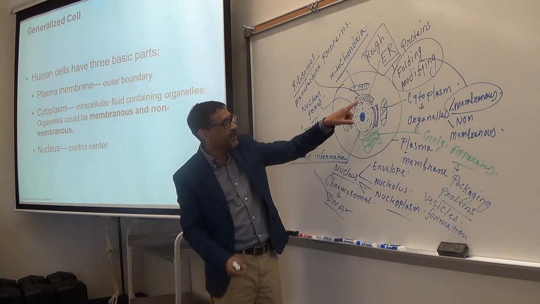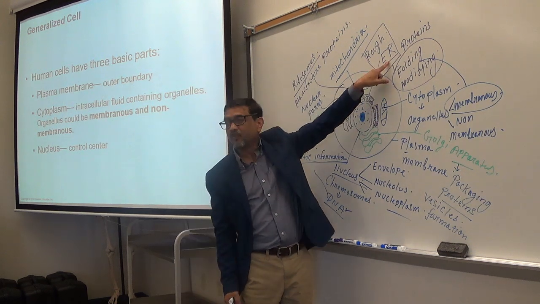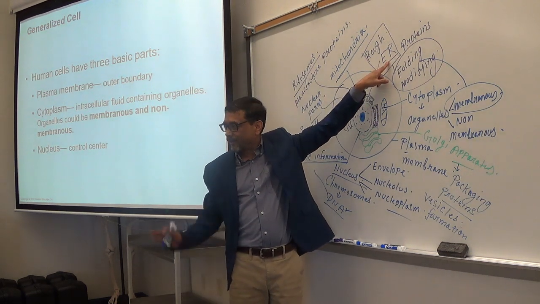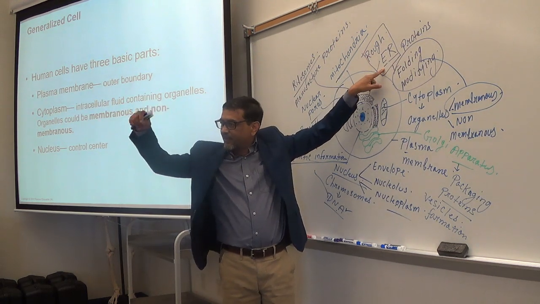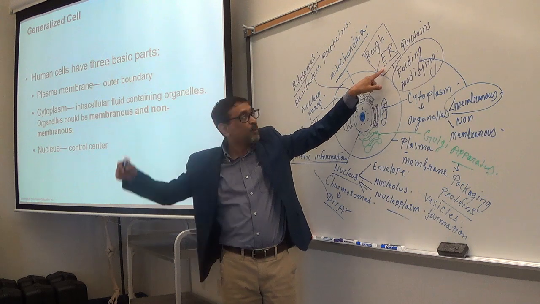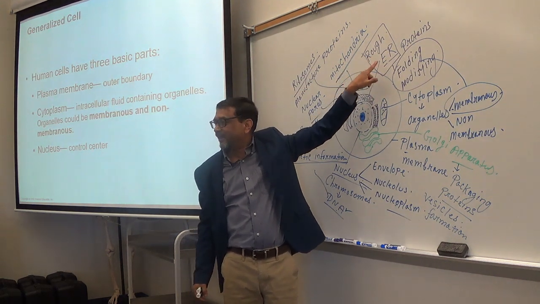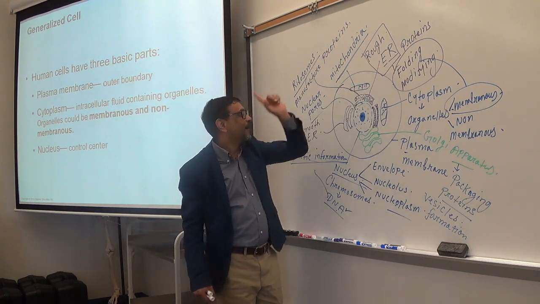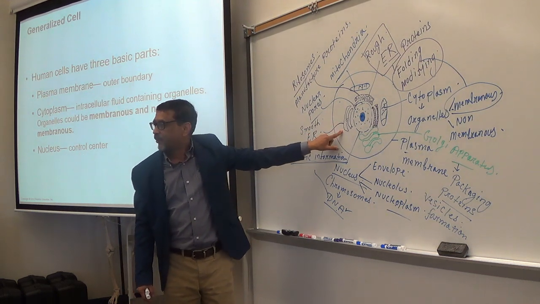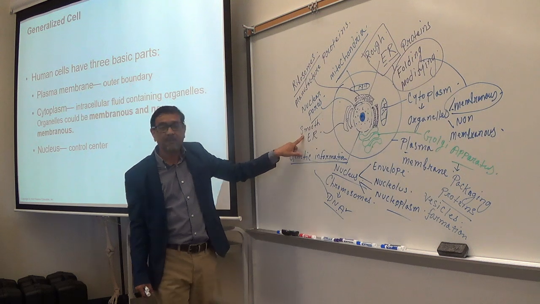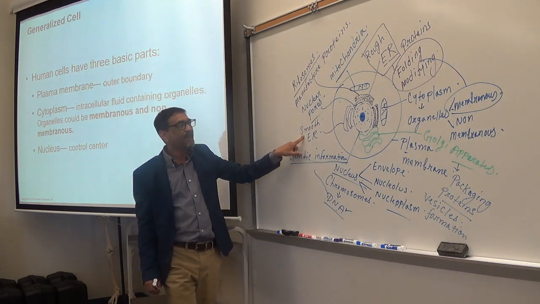They are connected to each other. These are called ER, endoplasmic reticulum. Make sense? Part of ER has ribosomes attached, and those are rough ER, okay? And part of ER don't have ribosomes attached. Those are called smooth ER, okay?